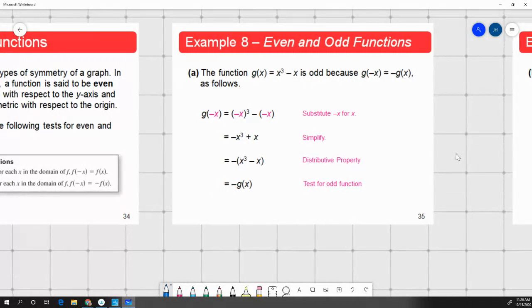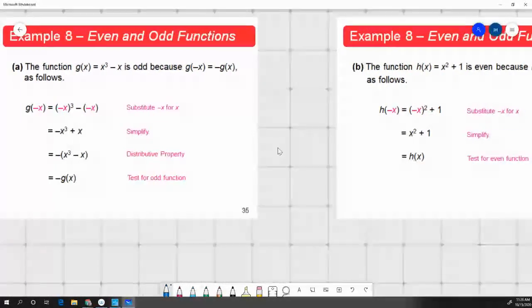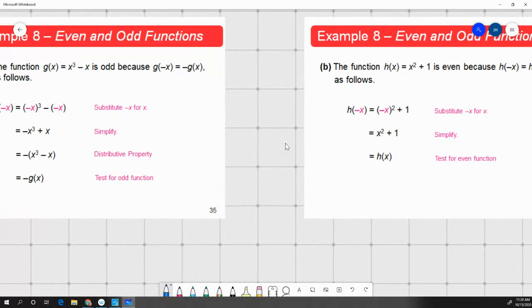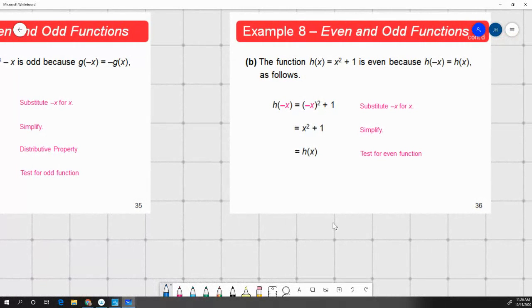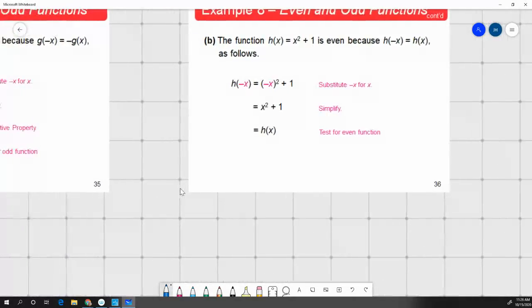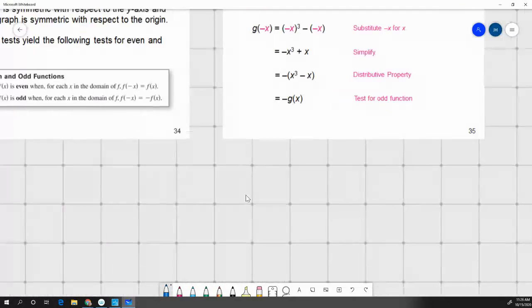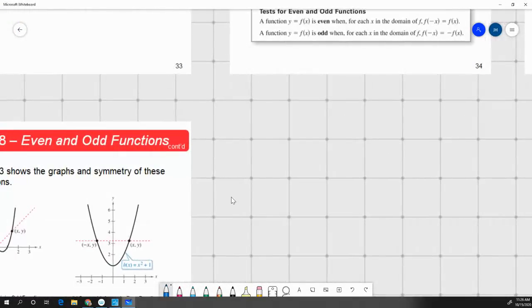It's a test for an odd function. I'm hoping that we got an example here, but it doesn't look like it. For an even function, if I plug in negative x into the function, I get out a positive. So I want some examples here to be able to give you.